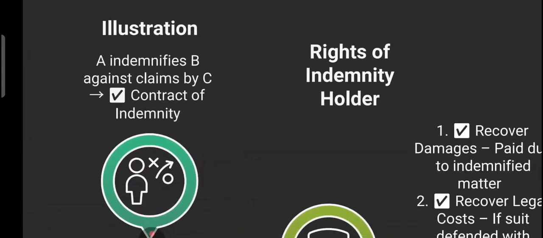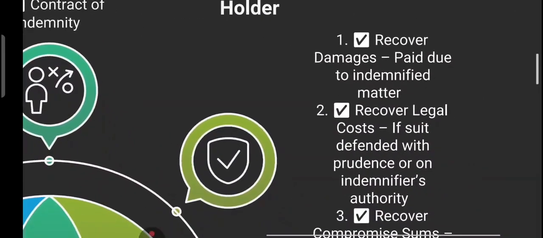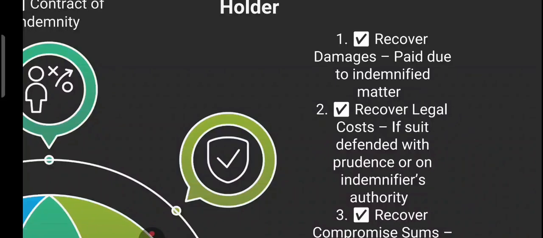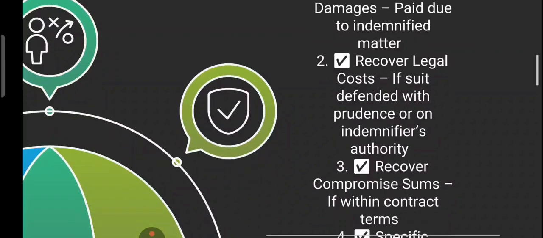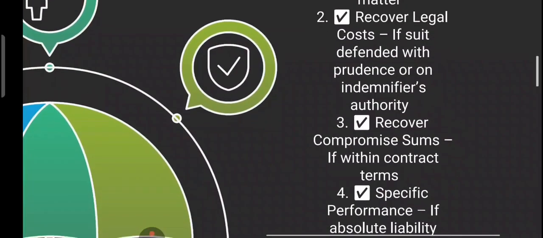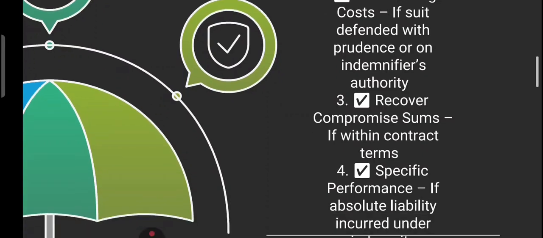Now, what are the rights that the indemnity holder has? Have a look. First of all, they can recover all damages that they have to pay due to the indemnified matter. Second, if they have incurred legal costs and have either followed the instruction of the indemnifier or acted prudently, they can claim that also. Third, any compromise sum paid within the terms of the contract is also recoverable.